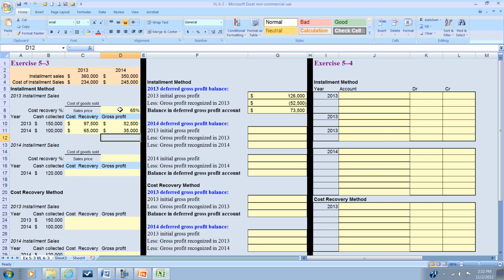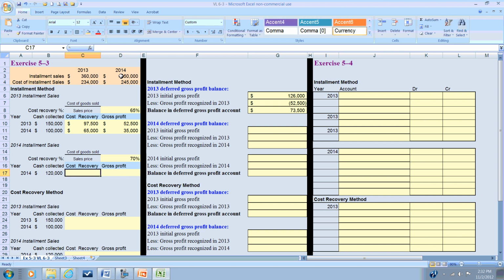Now in 2014, we also have additional installment sales, and the terms are slightly different, and that's going to result in our cost recovery being different. So our cost recovery percentage in 2014 is the 2014 cost of goods sold divided by the sales.